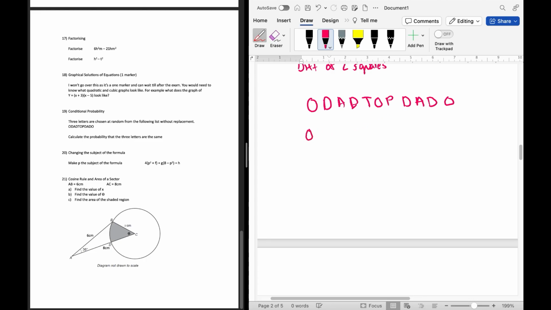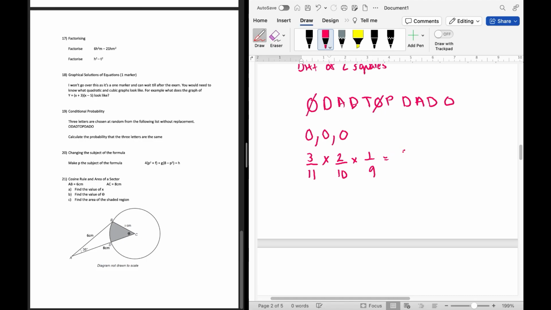So start with O, O, O. The first O, there are 3 out of 11. If I take an O, there are now only 2 O's left out of 10. And if I take a second O, there's now only 1 O left out of 9.